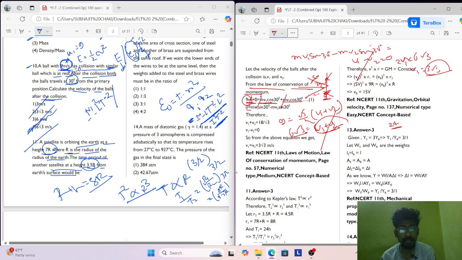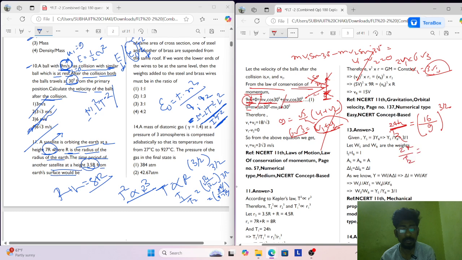This is for a geostationary satellite they are talking about. T1 will be this, and T2 will be what? T2 will be this. R1 is 8R, and this is 8 by 4.5. Now R will cancel out here. So 80 by 45 means 16 by 9, right? To the power 3 by 2. 24 by T2.